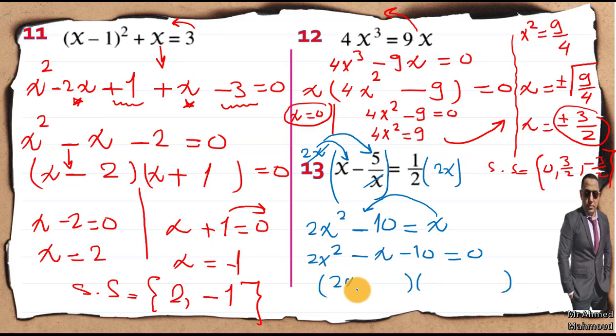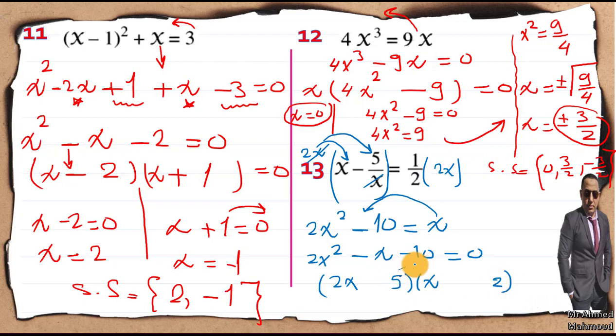Here 2x and x. 10 equals 1 times 10 and 2 times 5. I'm going to choose 2 times 5. I can't write 2 here because I will have 2 and 2 in the same bracket, and this is wrong. So I'm going to write 2 here and 5 here.